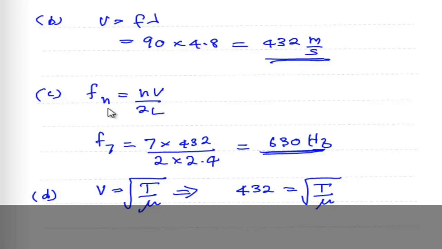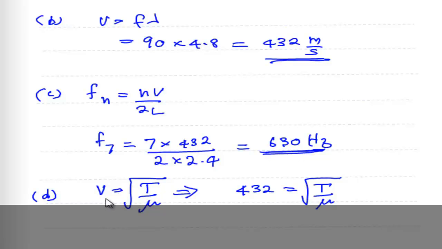The formula for the frequency of the nth harmonic is nV over 2L. For the 7th harmonic, n equals 7. So 7 times V, which is 432, divided by 2 times 2.4. So the frequency of the 7th harmonic is 630 Hz.